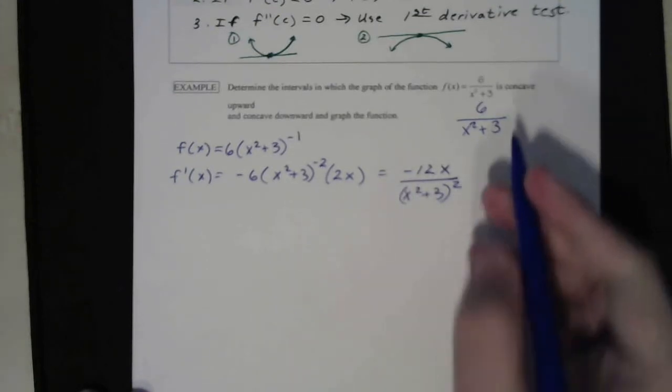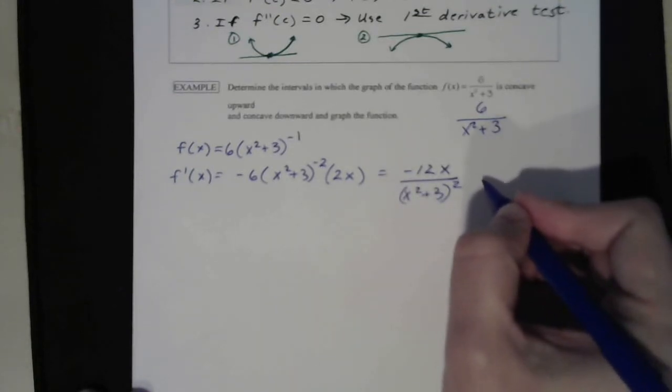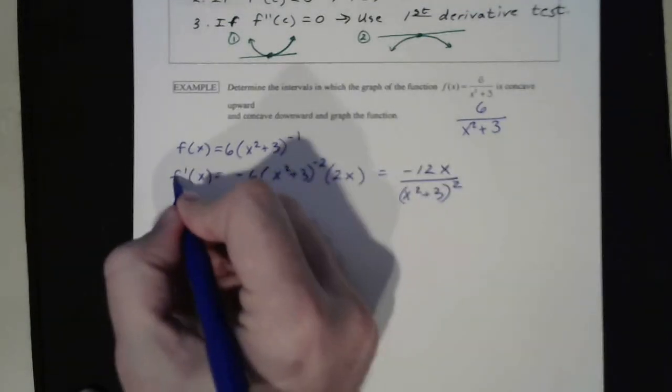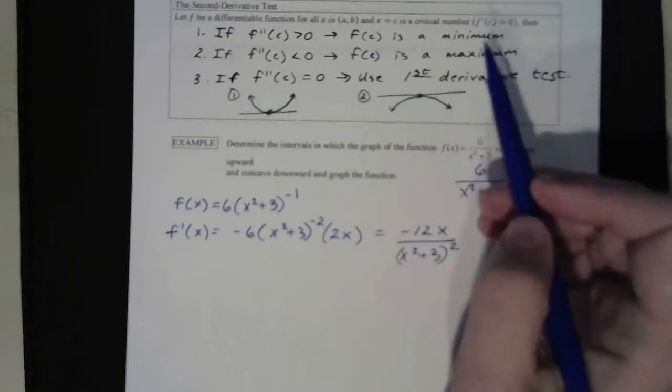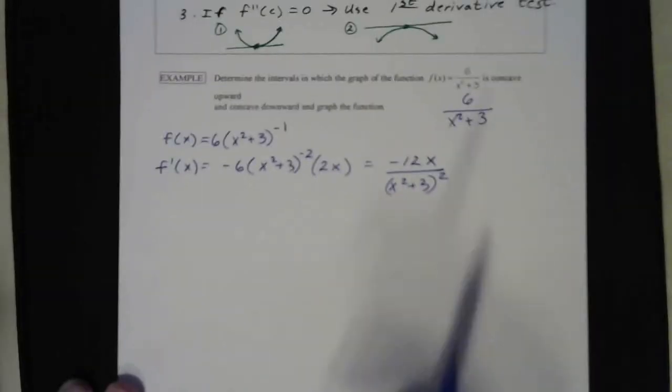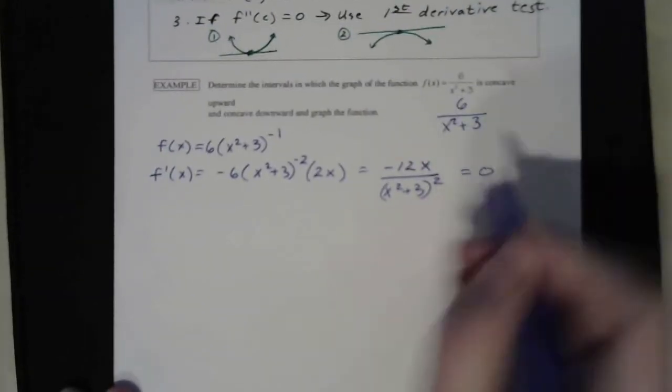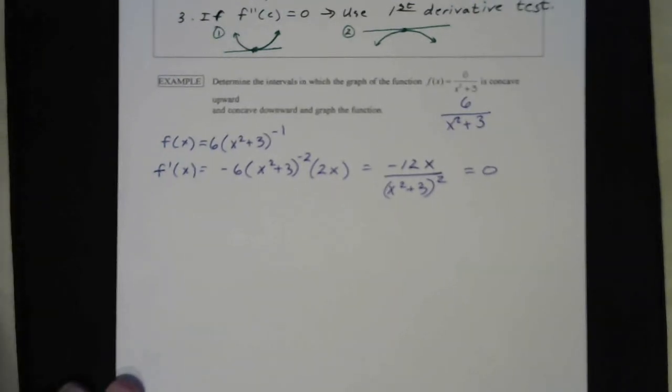So what we need to do now to use our first derivative or our second derivative test is to find our critical numbers. So we need to set our first derivative equal to 0. You'll notice in both sections 3.1 and 3.2, we take the first derivative, we set it equal to 0.